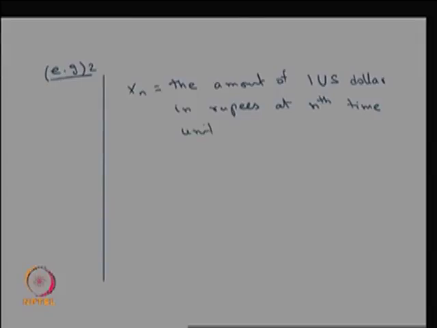X n is the amount of 1 US dollar in rupees at the nth time unit in a day.